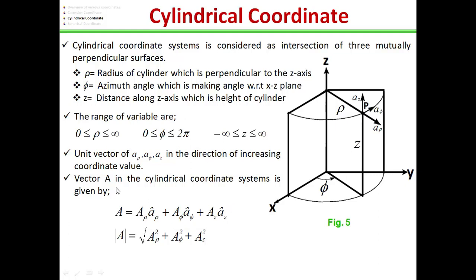So if we want to represent any vector A in the cylindrical coordinate system, it can be written as A rho unit vector a rho plus A phi unit vector a phi plus A z unit vector a z. Whereas capital A rho, capital A phi, capital A z are the amplitudes along the rho, phi and z directions. So the magnitude of A can be written as the square root of A rho square plus A phi square plus A z square.